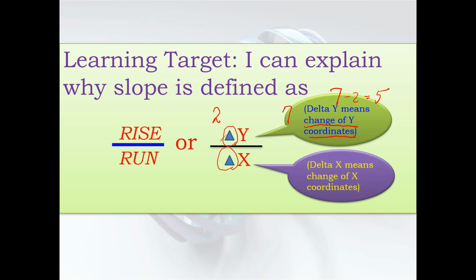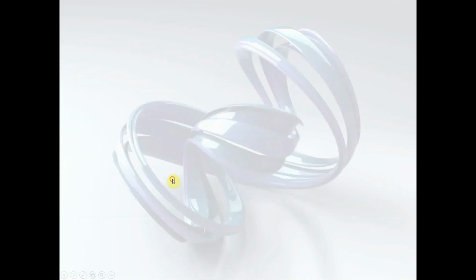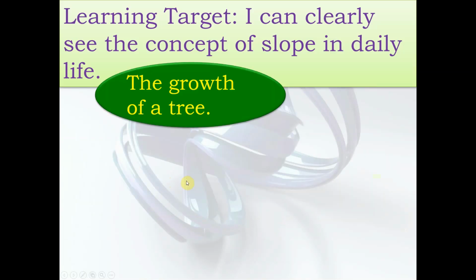All right. Up to now, you probably still say, well, still very mathematical, right? Now, we are going to show you how this concept can be found in real life. Let's move on. For example, if you could make the growth of a tree really fast, you would see this, right?